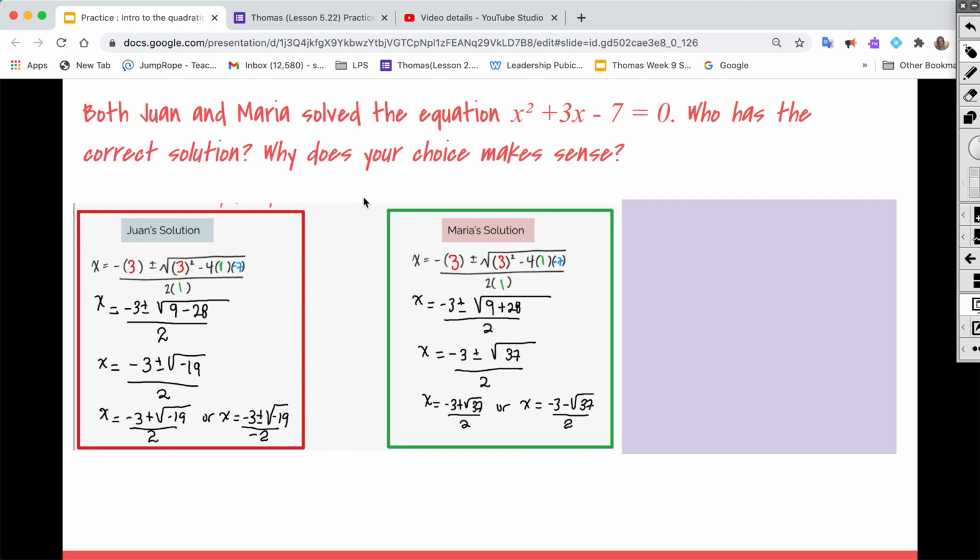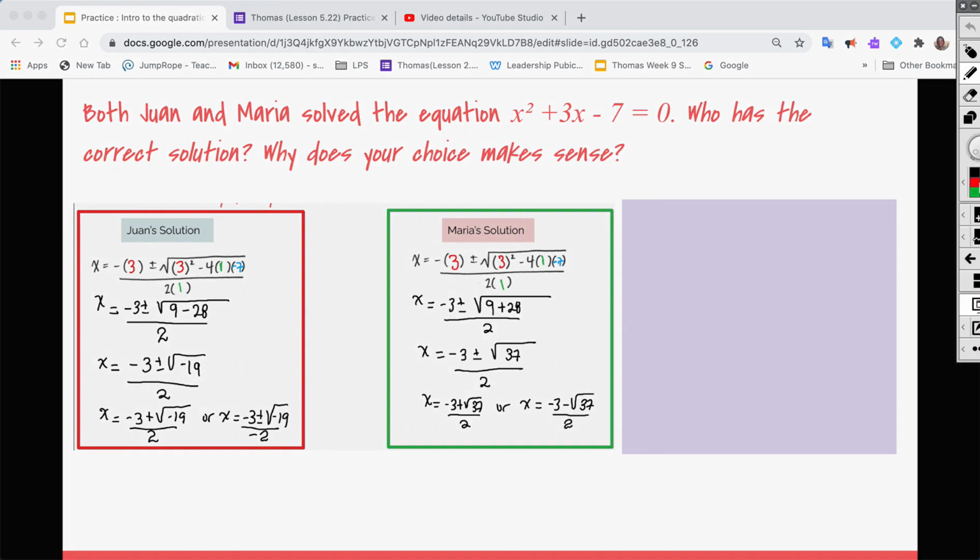All right, in order to check if that is correct, let us familiarize ourselves with the quadratic formula, which says x is equal to minus b plus or minus the square root of b squared minus 4 times a times c, all over 2 times a.